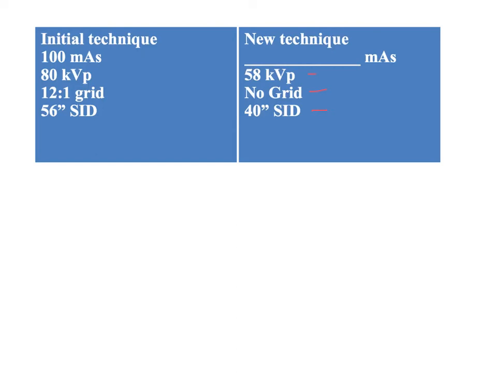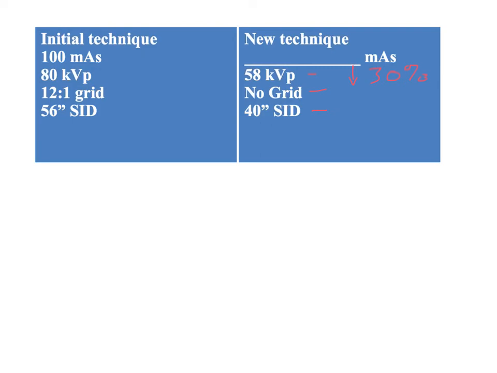It's about a 30% decrease, right? So decreased about 30%. So I know already if I'm making that kind of decrease to the kVp, I'm going to have to make compensations to change my density, right? One of the compensations it looks like this tech did was they removed the grid.